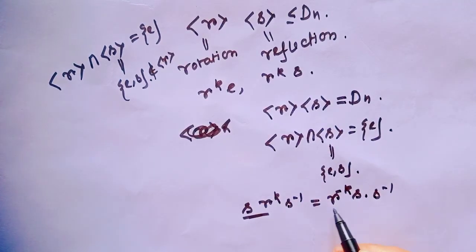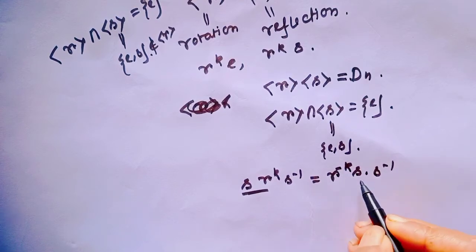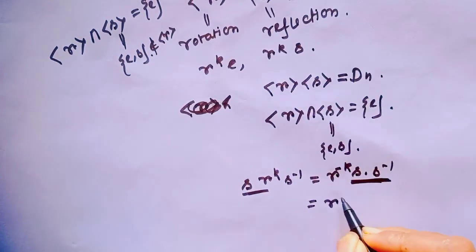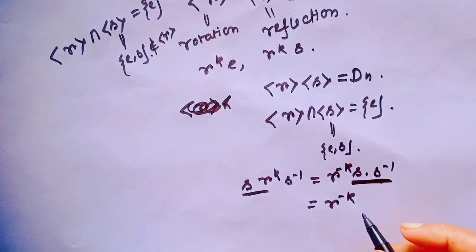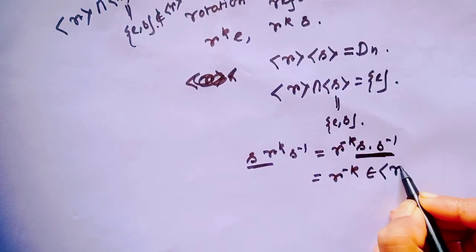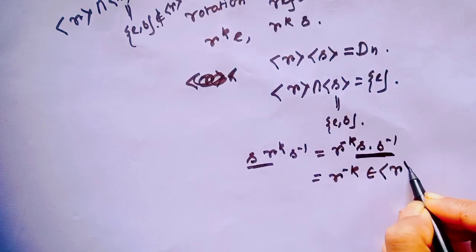I have written this by the property of the dihedral group. Okay? This S will be cancelled. That means this is equal to r to the power minus k, which is always contained in the subgroup of R.